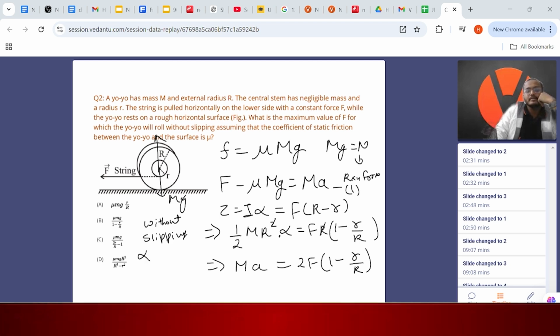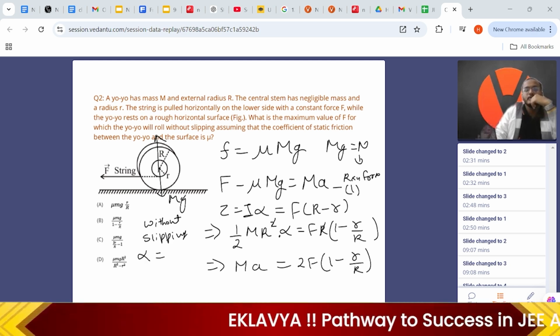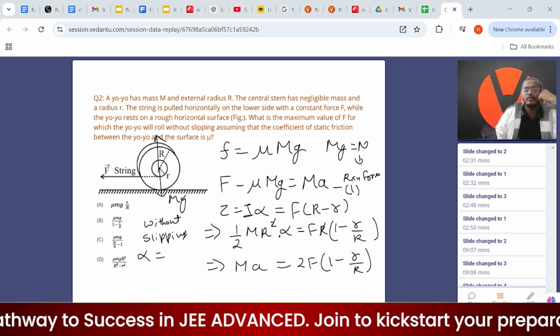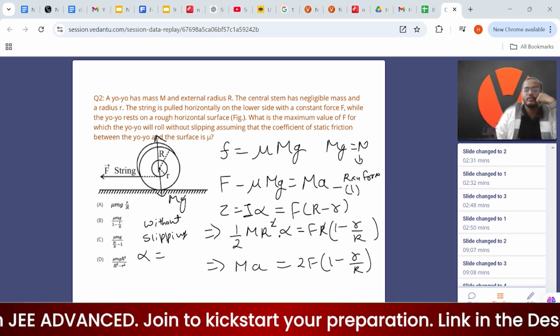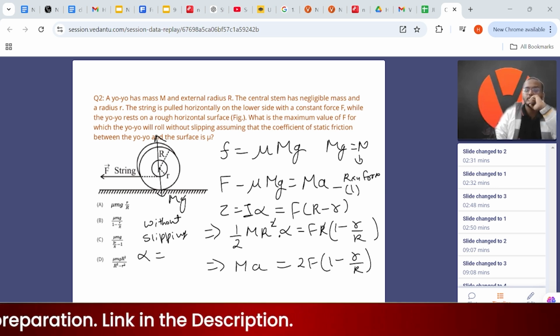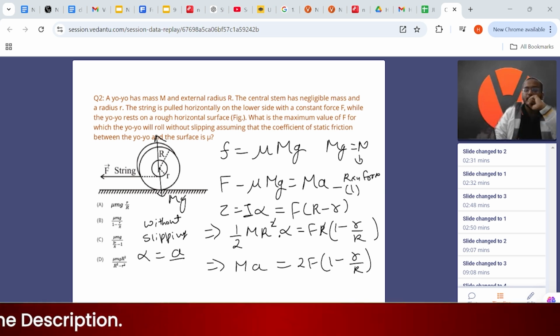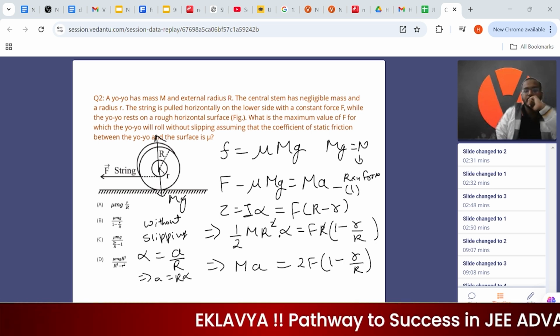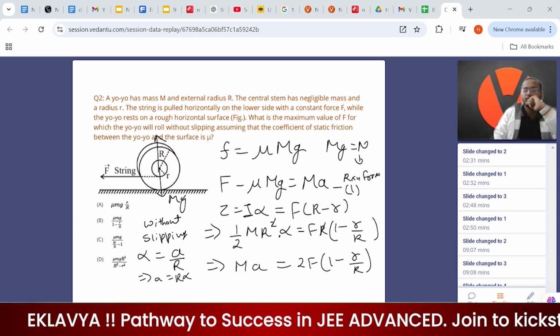Without slipping means my angular acceleration should be equal to a by r. Okay, so according to this, a will be equal to r alpha. That's what we have put down here.